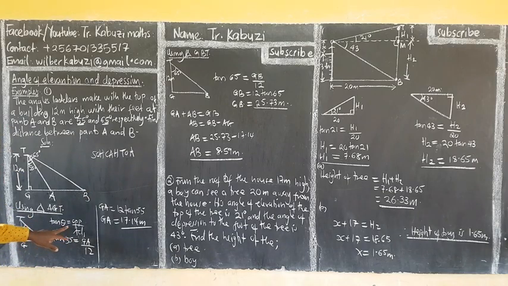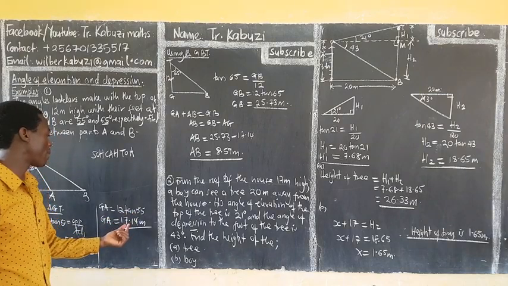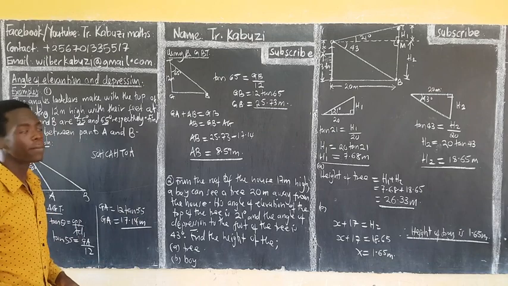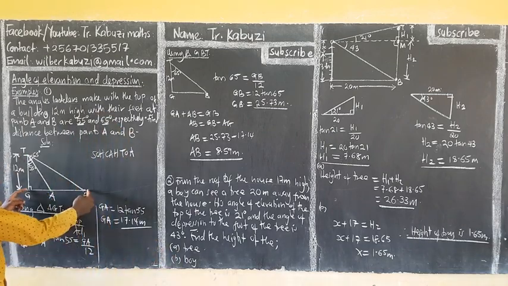So we have the angle, we need the opposite, and we have the adjacent. The opposite to this angle is DA, over the adjacent, which is 12. So tan 55 equals DA over 12. When you cross multiply, this will be DA, and we simplify that.